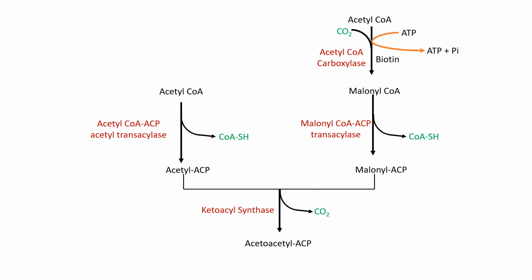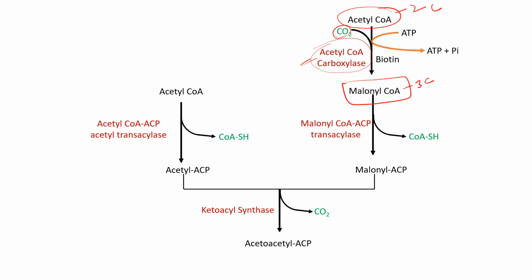Now, as we have learned, there are 2 things that are needed, or you can say 2 substrates, NADPH and acetyl coenzyme A. So acetyl coenzyme A in the first reaction binds with carbon dioxide to make malonyl coenzyme A. We had discussed that acetyl coenzyme A is a 2-carbon and malonyl coenzyme A is a 3-carbon molecule, and the reaction is catalyzed by the rate limiting or key regulatory enzyme, acetyl-CoA carboxylase.